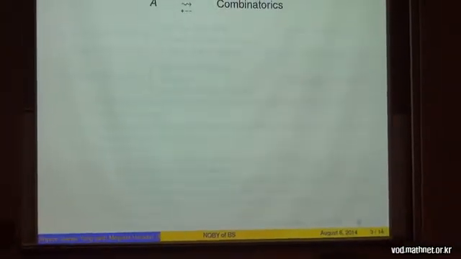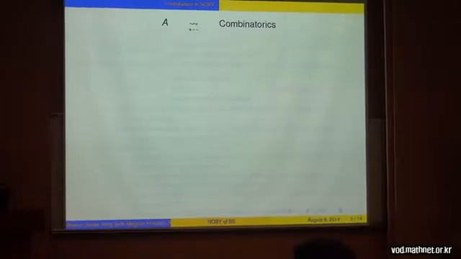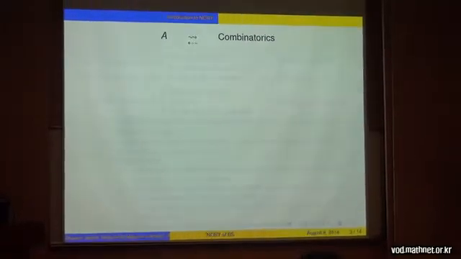So this diagram describes the fundamental idea of this approach. Say A is your main object to study, then we assign some combinatorial objects to A and do some combinatorial things and try to get some information about our original A back. This problem is sometimes called the lifting problem.